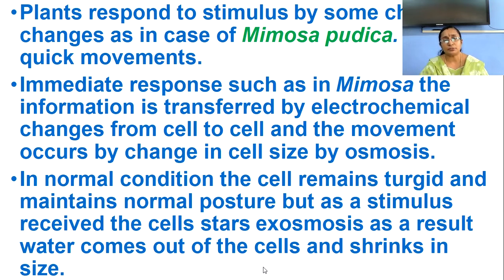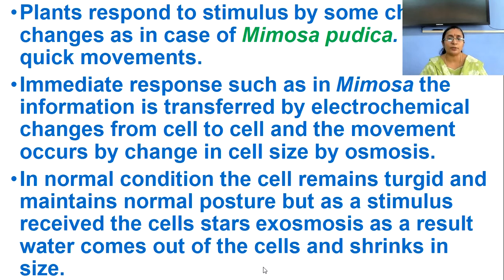So the response of the mimosa plant is because of some chemical changes that take place inside, because as we said, there is no nervous system in plants. If there is no nervous system in plants, and if growth is not involved, then how are they responding to the stimulus?